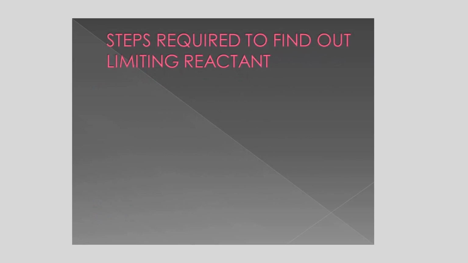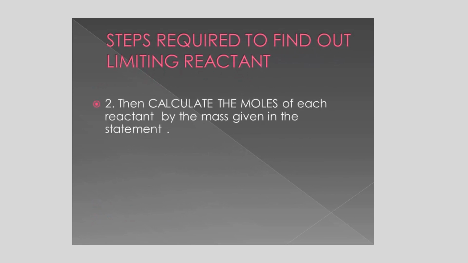The next step is to calculate the moles of each reactant from the mass given in the statement. It means the grams given in the statement divided by the molar mass of the substance. The mass of magnesium reactant is 0.223 grams.